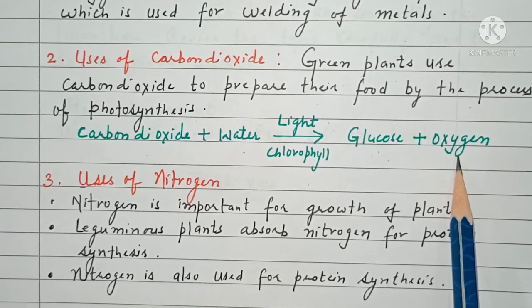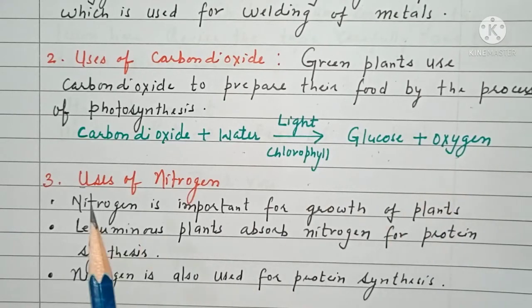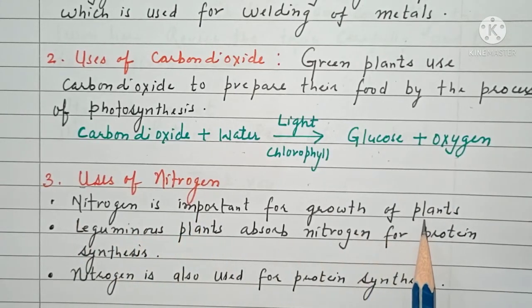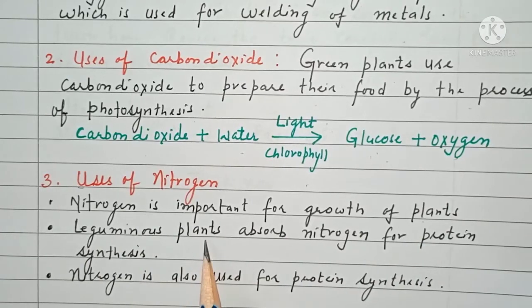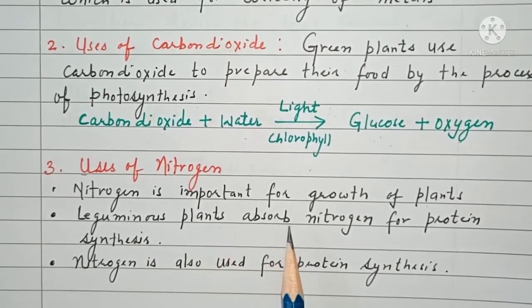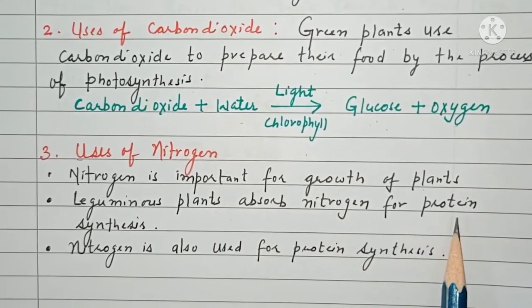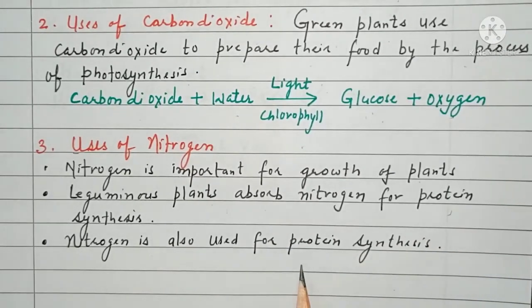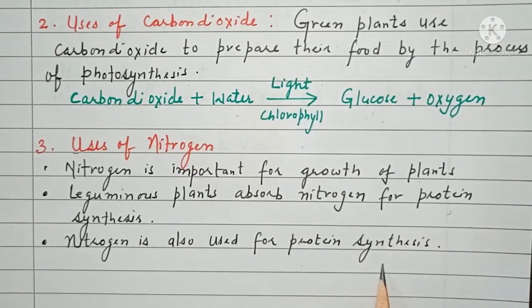And then nitrogen, which is most important for the growth of plants. Leguminous plants like pea and gram absorb nitrogen for protein synthesis. So, nitrogen is also used for protein synthesis.